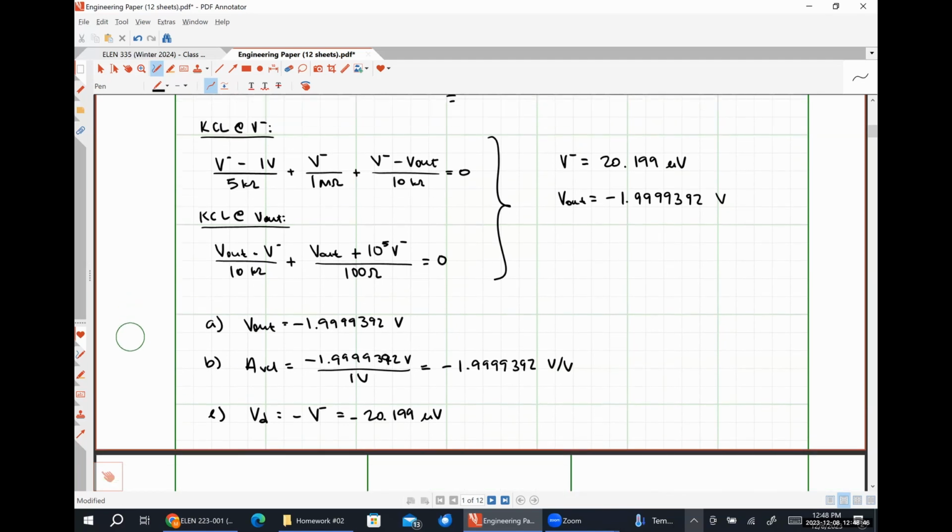Before we move on to our system input resistance and system output resistance, any questions? Microvolts. So 10 to the minus 6 volts. Very, very small. Any other questions?